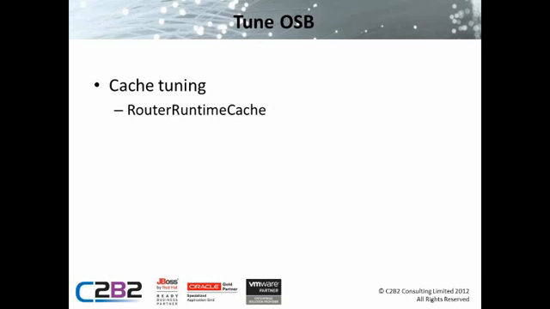So on the first time that a proxy service is called, OSB creates an instance of it and dumps it in the router runtime cache, and it will stay there to be reused for each subsequent message. So for the first time that you invoke any particular service, you'll get a little bit of overhead of having to create it, but other times that it gets accessed, you won't have that same overhead because it's already created in memory.